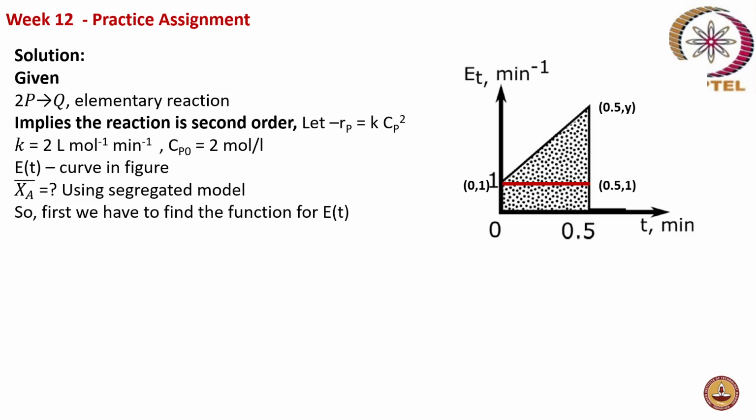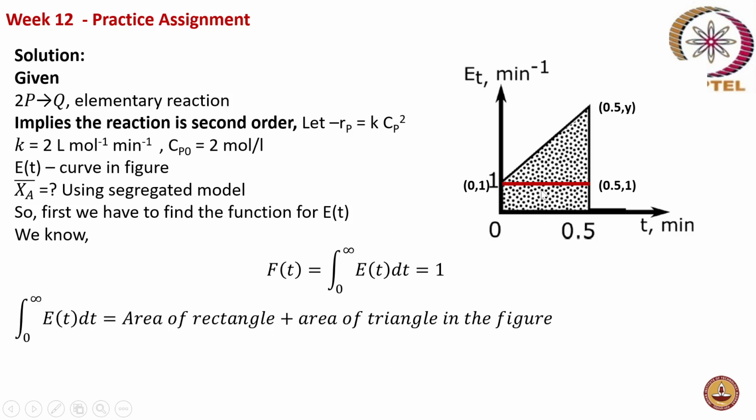Right. So first we have to find out the function for E of t. What is the RTD function? In order to find the RTD function, first of all we know that F of t is equal to the integral from 0 to infinity of E of t dt, which is equal to 1. So the area under this E curve is going to be 1.